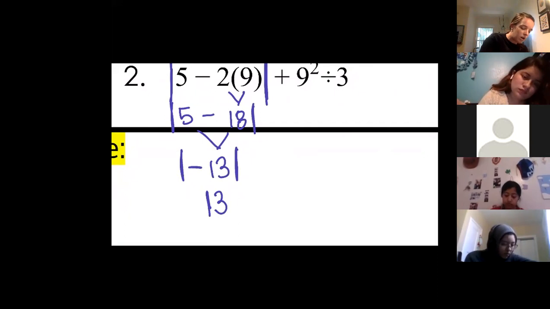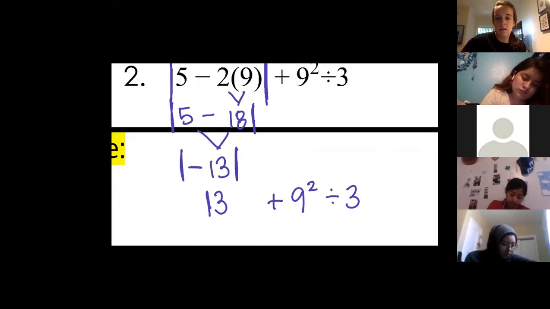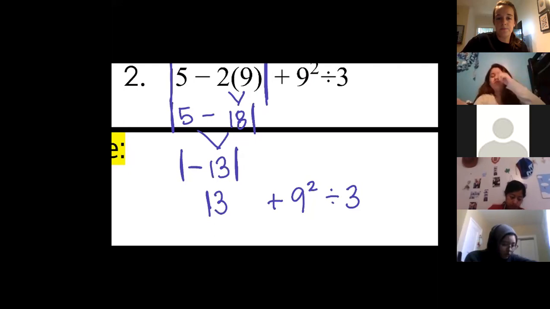I'm going to now copy down 9 squared divided by 3, like that.